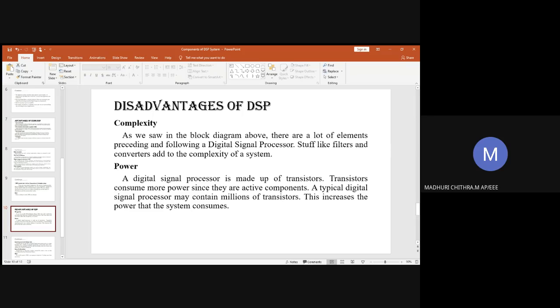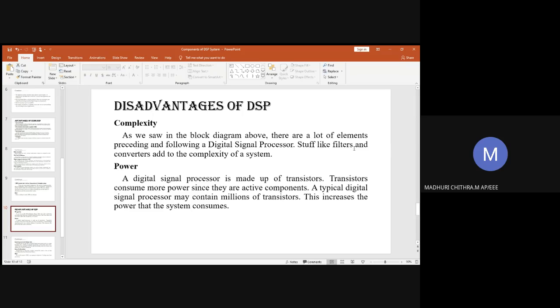As we saw in the block diagram above, there are a lot of elements preceding and following digital signal processing, like filters and converters. I think nearly three components come before the processor and three after it. So it is extra components and extra complexity in using that block diagram.